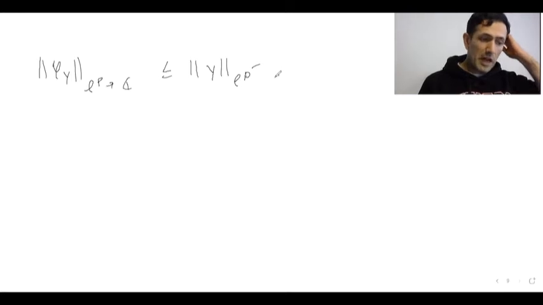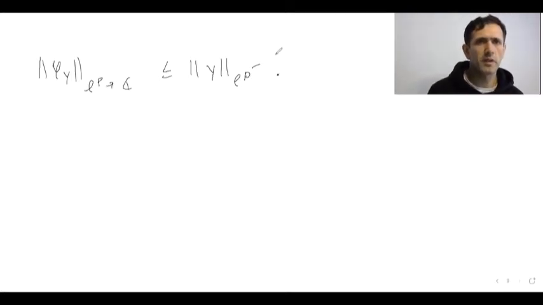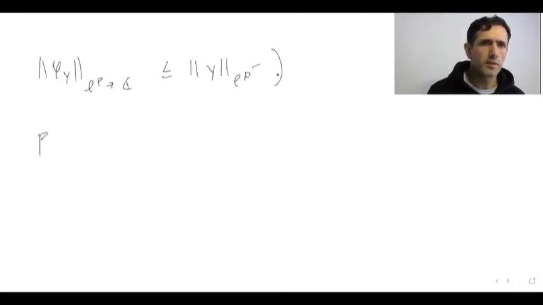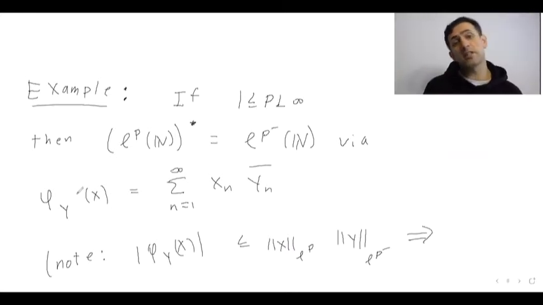So yeah, I'll prove the converse in a moment, but I just want to clarify, particularly by this note, that this itself does define a bounded linear functional, and we're claiming that every bounded linear functional on lp is given by phi y for some y.